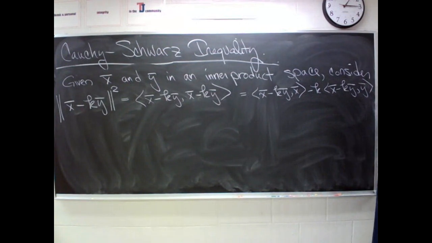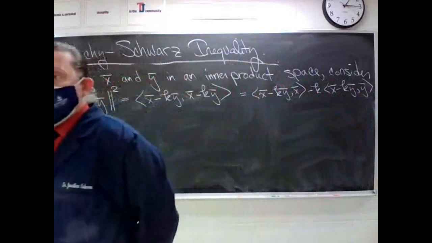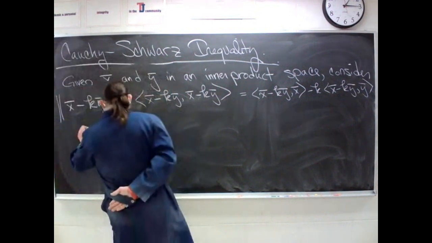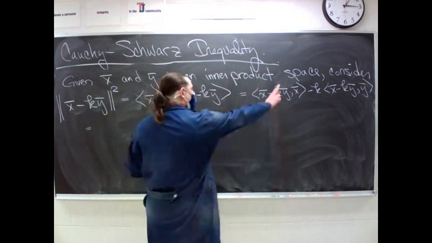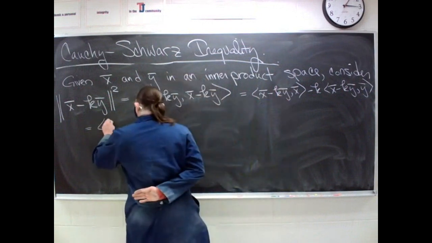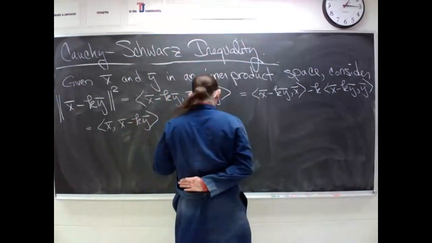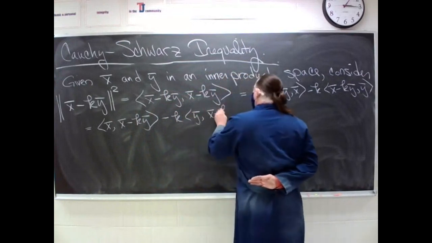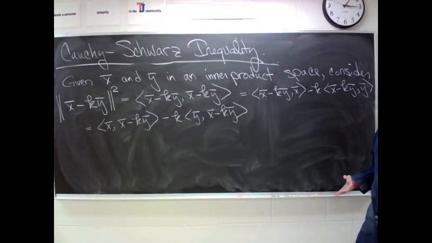All right, so what have I used here? Well, I used linearity, right? Linearity is property 1 of an inner product. So certainly, my inner product must satisfy that. Next, I'm going to switch these around. All right?